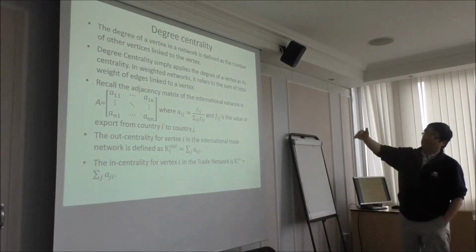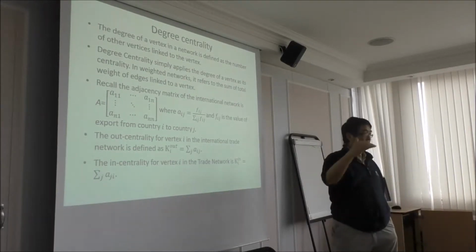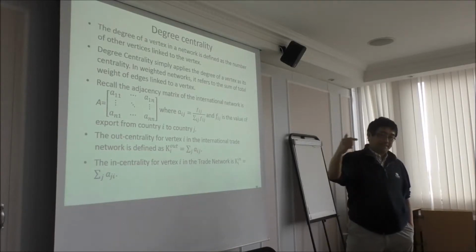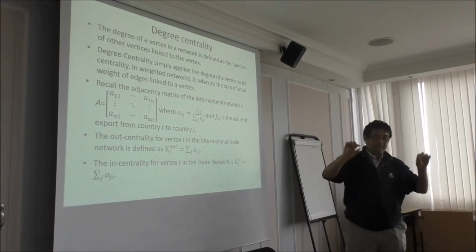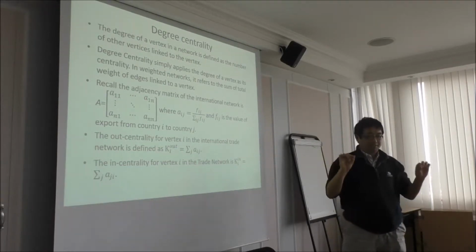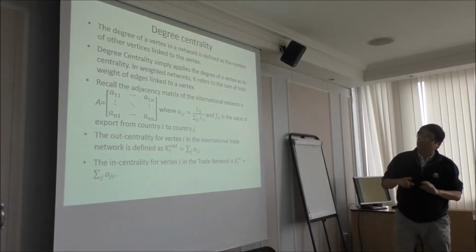The degree centrality is a very simple one. You take the trade between two countries. If it is export, then it's one direction. If it's import, it's the other direction. So these numbers are given for each pair of these countries. Here there are 71 countries listed, and of course we reweight them.